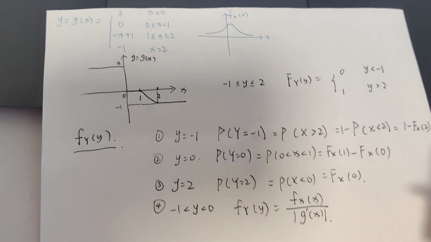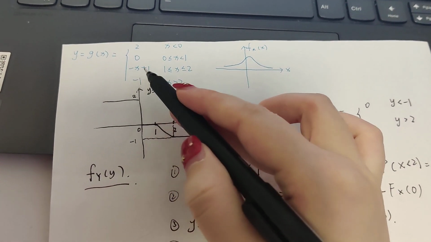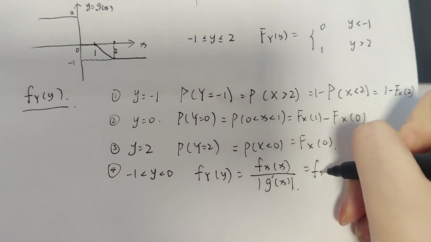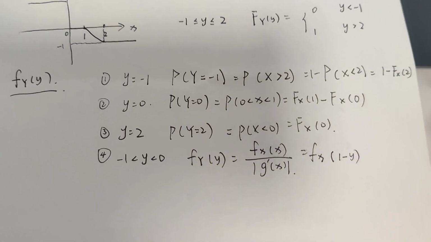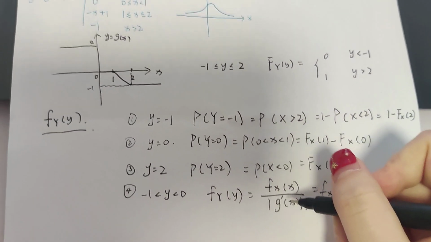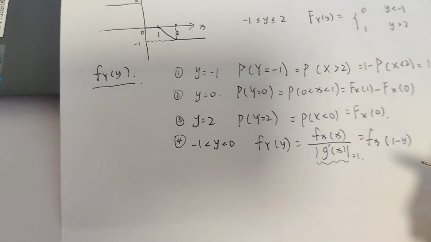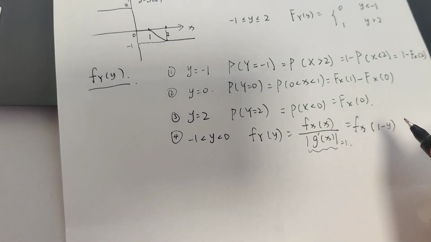And because in this region y equals minus x plus 1, the slope is 1, so the factor here is just 1. And now we know every condition of the density function of y.